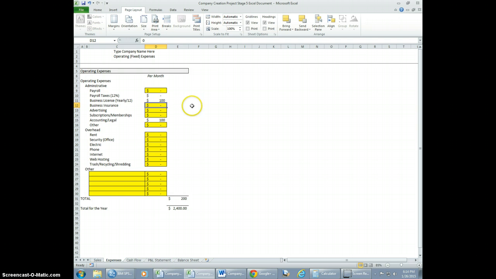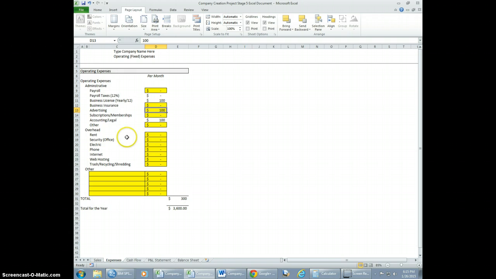So for the purpose of this tutorial, I'm just going to make the assumption that my particular company only has two different types of fixed expenses, in addition to the business license and the accounting and legal, and that is advertising. Just for simplicity's sake, I'm going to say that costs $100 a month.